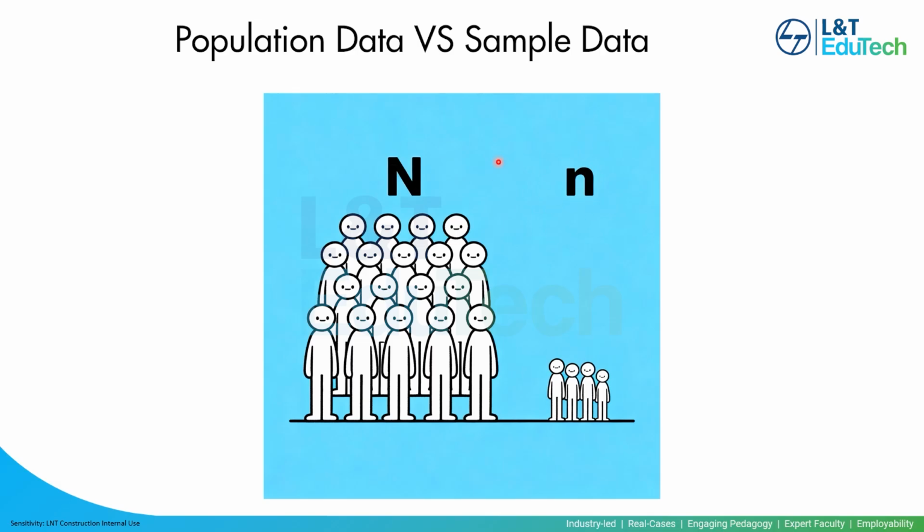Population is the complete group we want to study, denoted by capital N. Sample is a smaller subset taken from the group, denoted by small n. We use sampling because studying the entire population is not practical. Inferential statistics help us draw conclusions about the population from the sample data. This notation is used in the formulas for population mean, sample mean, variance, and other statistical measures that we'll study later. Thank you.